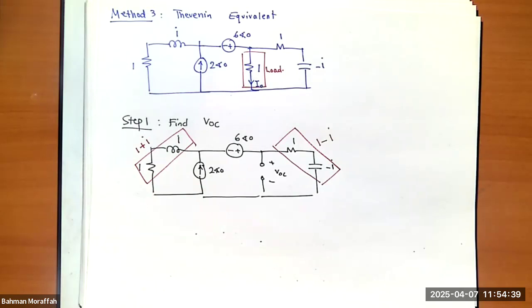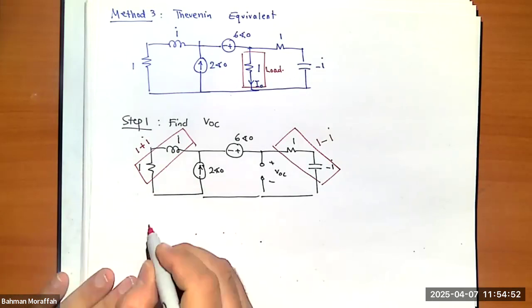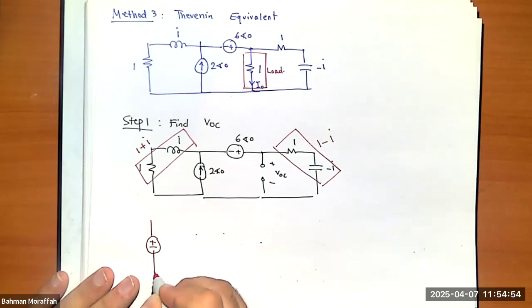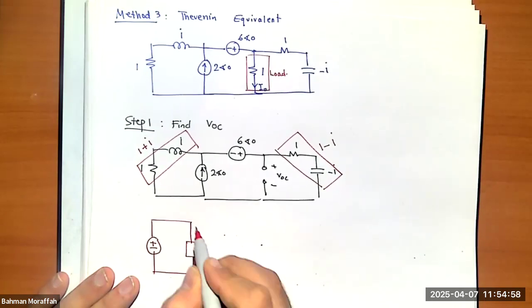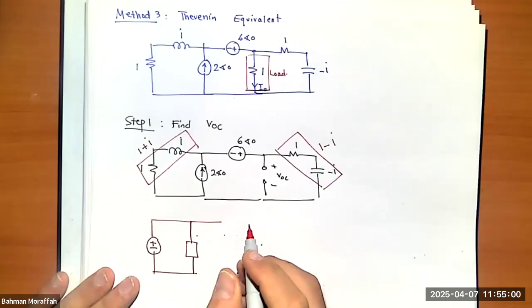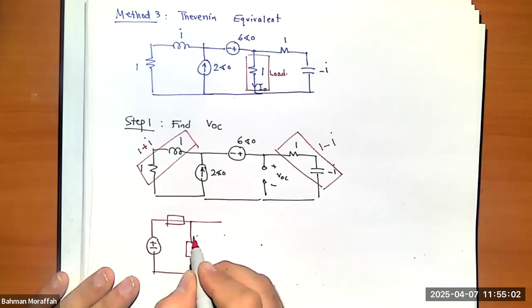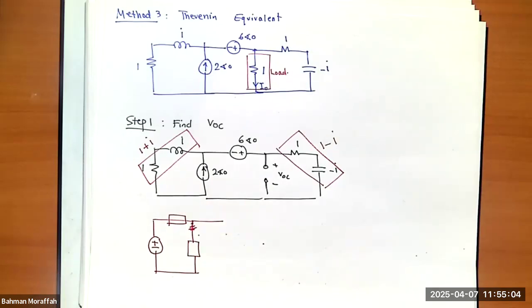As soon as I have a current source in parallel with an impedance or a resistance, I can do source transformation. Right? So I can redraw the circuit as some voltage source followed by some impedance, and the rest of the circuit, sorry, there's nothing over here, right?